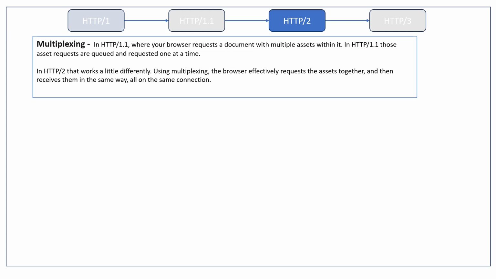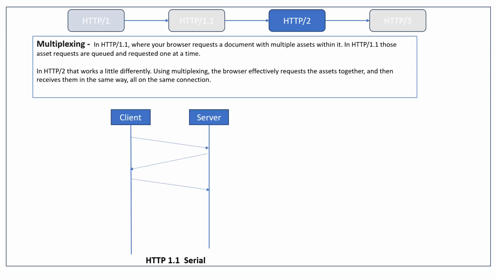But in HTTP2, it is using the multiplexing concept. Whatever requests the client needs from the server, it sends them at once, and then the server can process them and send them back in the same way, right?